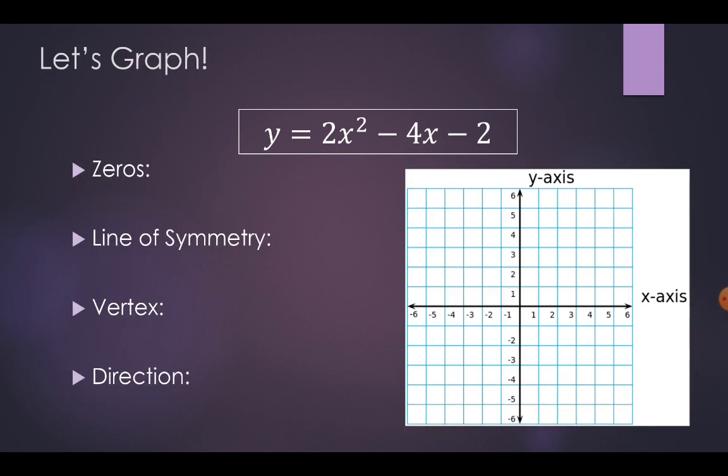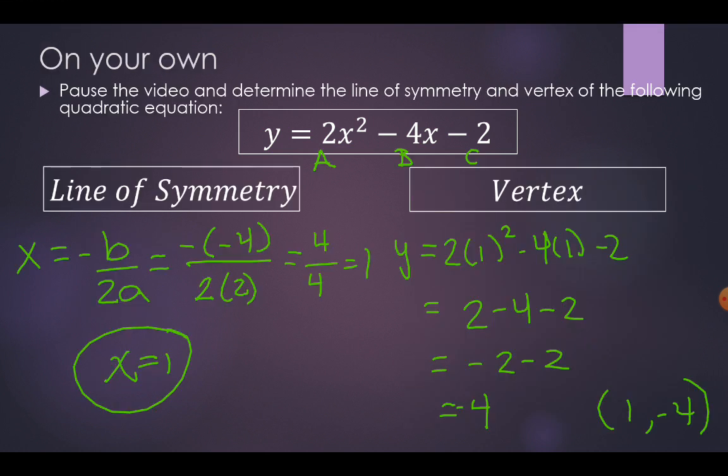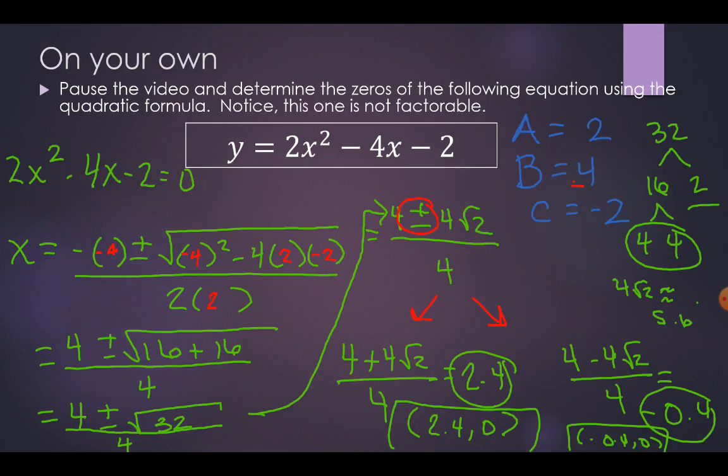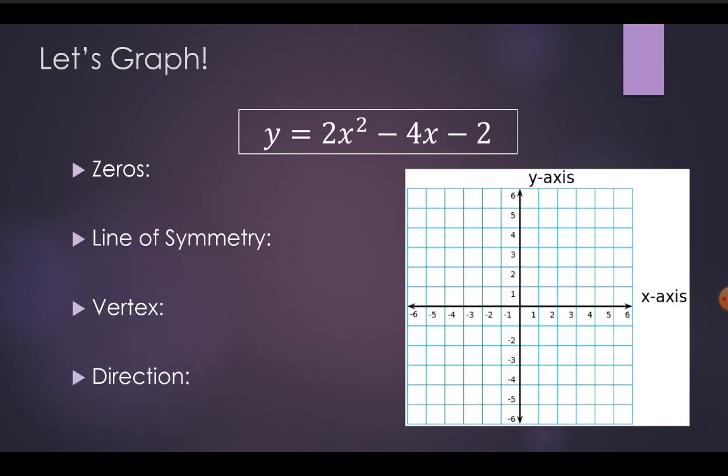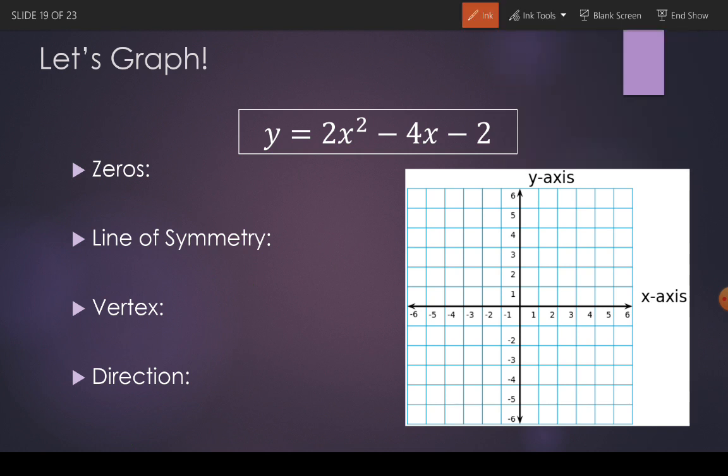Lastly, I want you to try and graph this. It might be difficult because you don't have a graph, so we can actually just do this together. Our zeros were, well, let's go back and check. Our zeros were (2.4, 0) and (-0.4, 0).